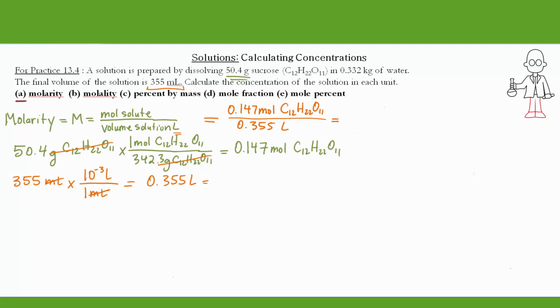And when I divide those two numbers, I wind up with 0.414 moles per liter. So this is the molarity of the solution that contains 50.4 grams of sucrose with this volume.